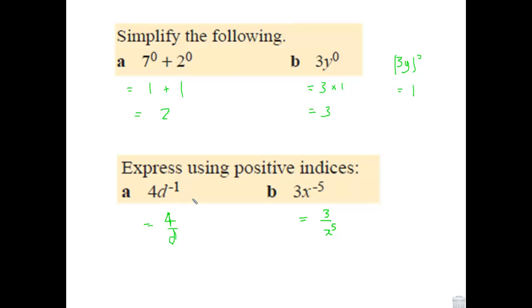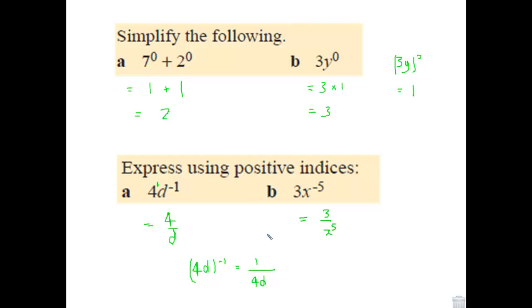And again, these shouldn't be confused with 4d all to the power of minus 1, which would be 1 over 4d, because the whole bracket is to the power of minus 1. Notice the 4 stays on top here because the 4 has no power. It's just 4 to the power of positive 1 there, and d to the power of minus 1. So we've just got to be really careful. We see that a lot, people confusing the notation, and I see that written incorrectly a lot of times, which it shouldn't be.